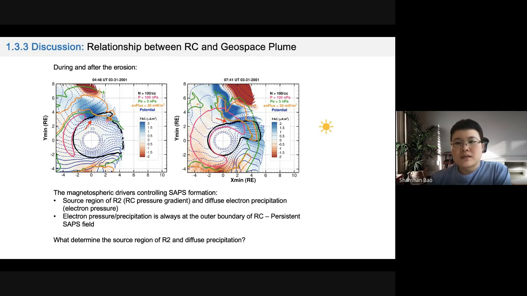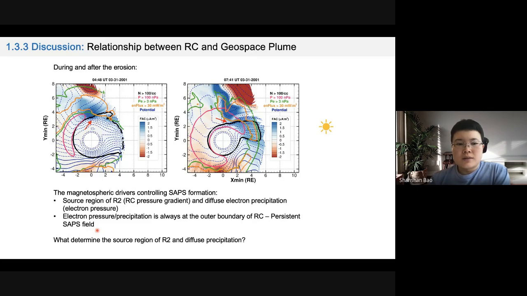So at a later stage in the storm, you can see this strong SAPS electric field causing the plasmaspheric plume to move toward the dark side, and it also shrinks the width of the plume.